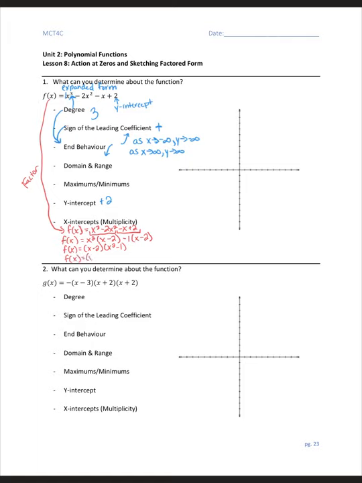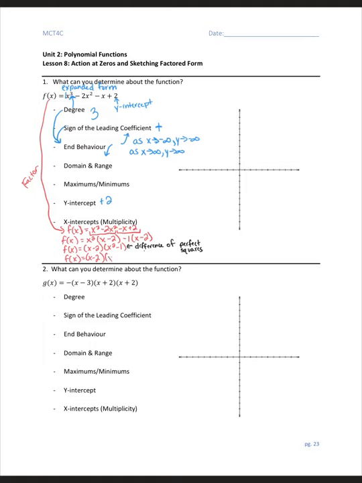I can't do anything more with my x minus 2, but x squared minus 1 is a difference of perfect squares. So we can factor that as well.